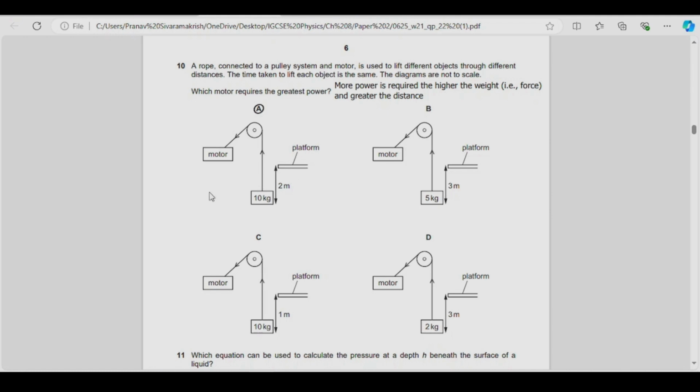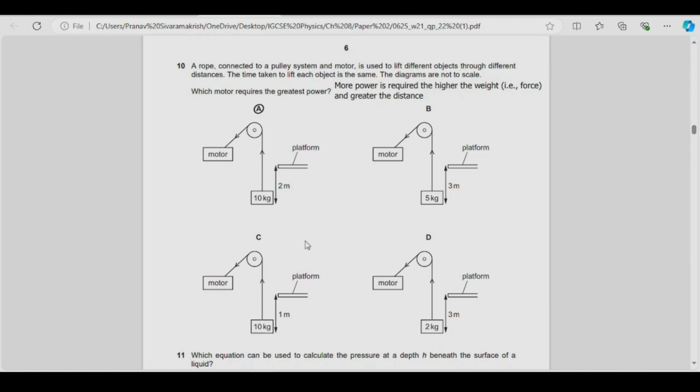So if I look at this case, and I assume that the gravitational field strength or gravitational acceleration is 10, then you've got a 10 kg mass multiplied by 10, moving a distance of 2 meters, which means you're going to have 20, 20 times 10, essentially giving you 200 joules of energy.